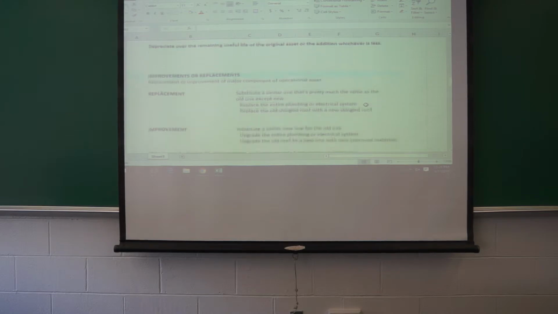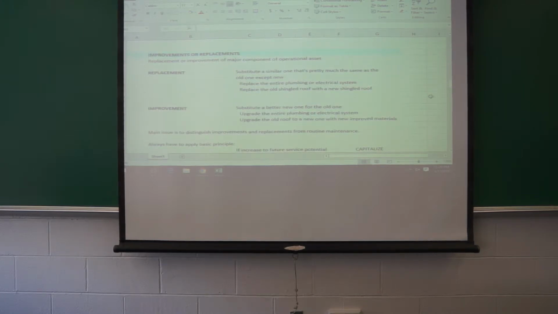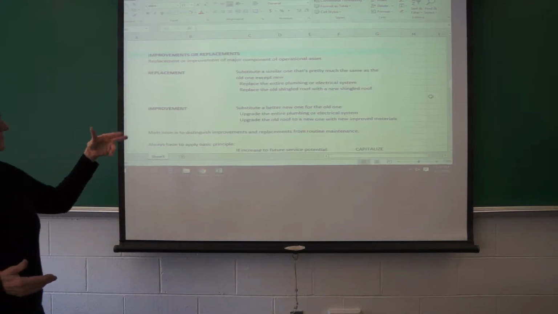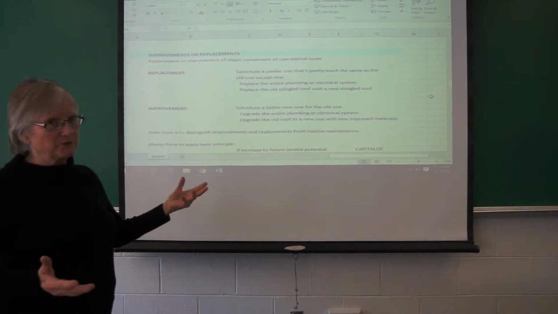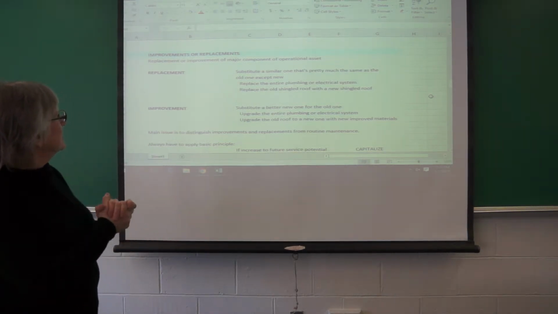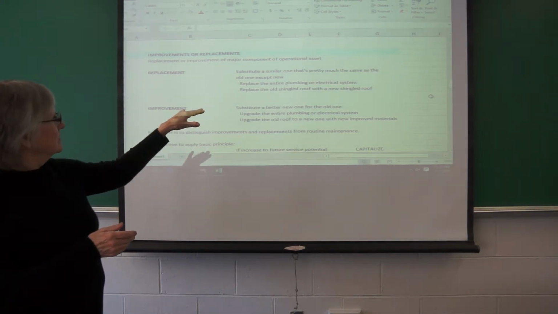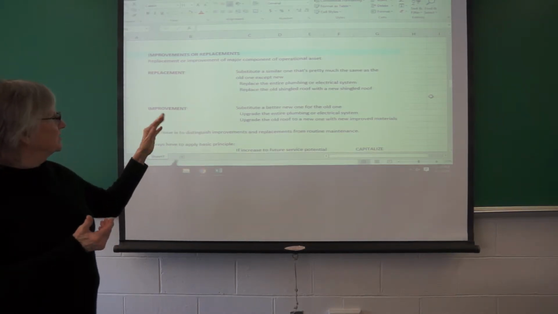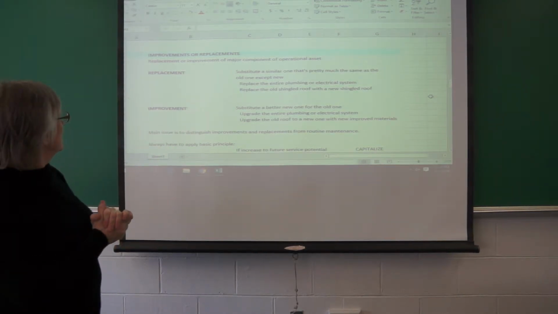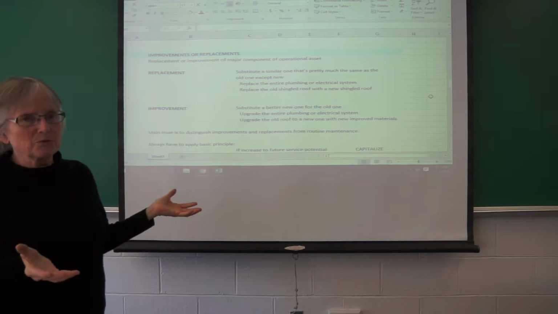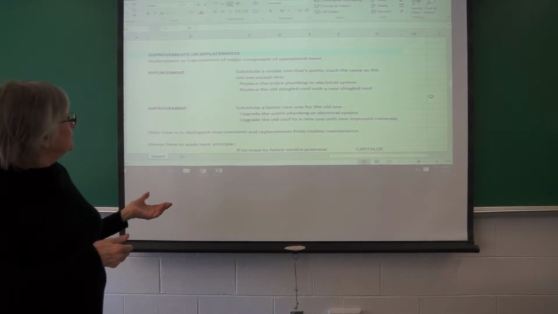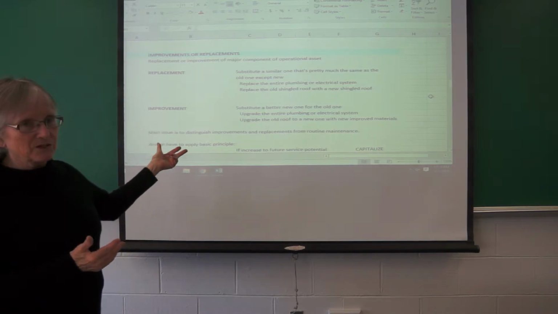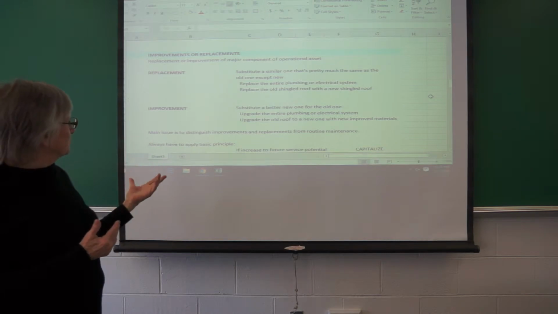Improvements and replacements. Replacements, you're basically getting a new one to replace an old one that's about the same. So you're replacing electrical, plumbing, or putting on a new roof, replacing it with what was there before. Improvement, you're maybe doing upgrades, okay? So that would be an improvement.